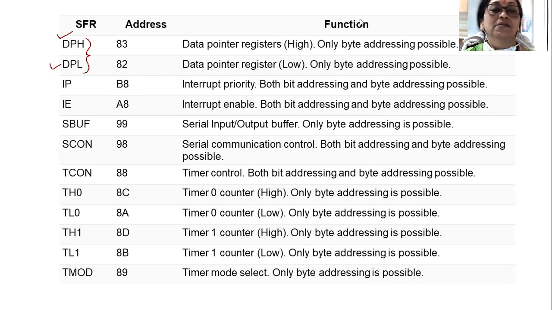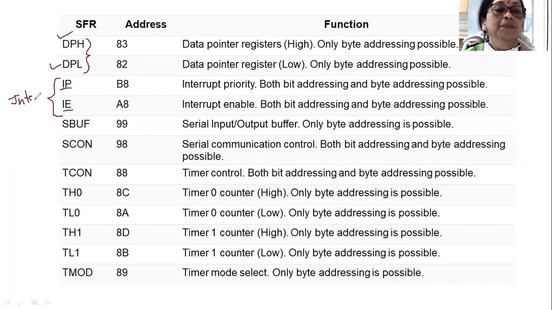Now, below the data pointer register, what can you observe, students? Can anybody tell me? This is IP and this is IE. Both of these registers are related to what is called an interrupt.